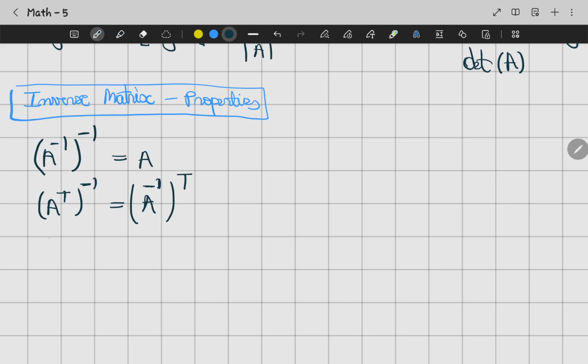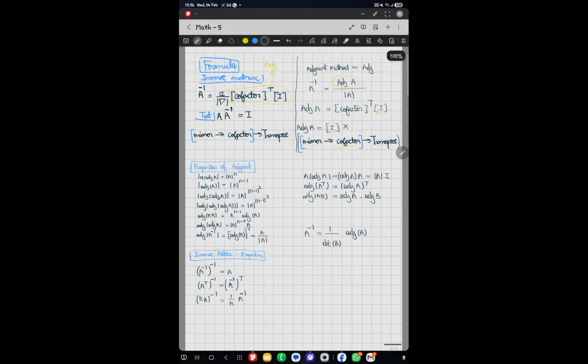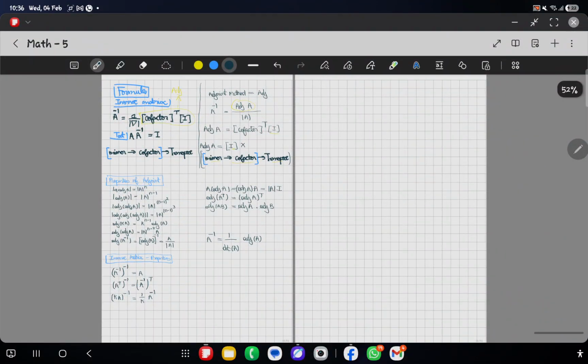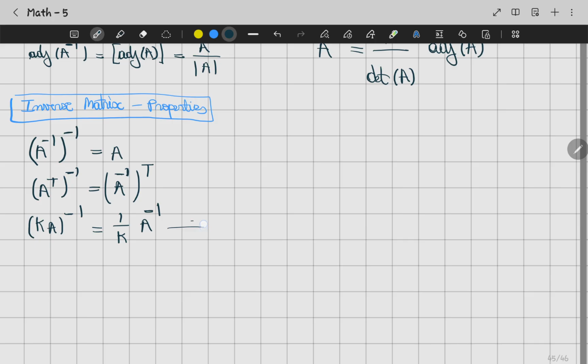Okay, let's see something else. Maybe this form, with k. So this will give us 1 over k, times the inverse of that matrix, only if k is not equal to 0.